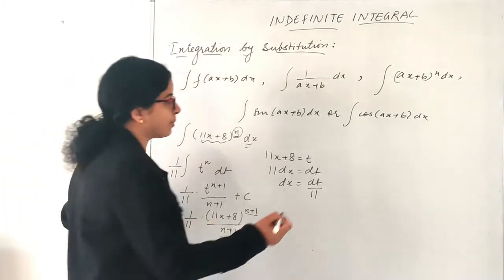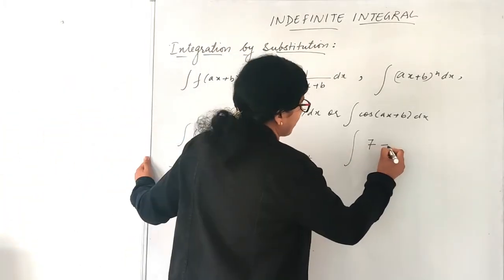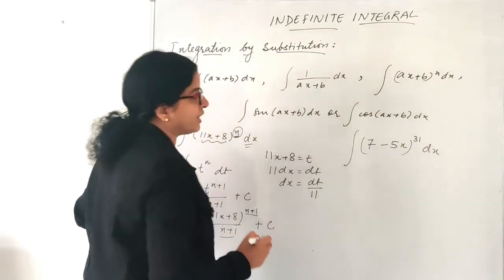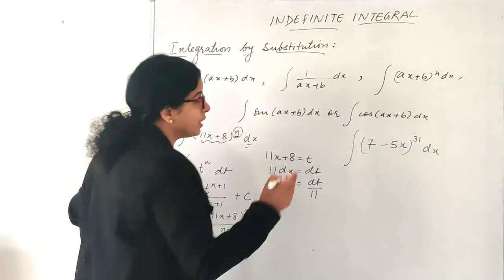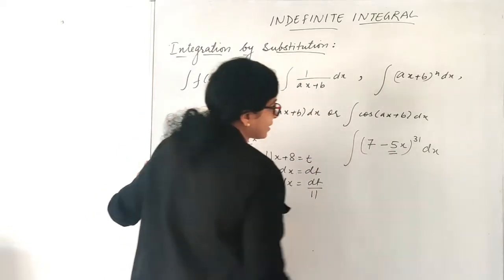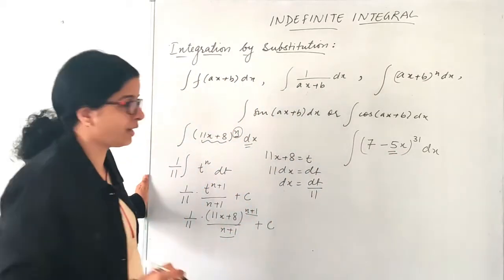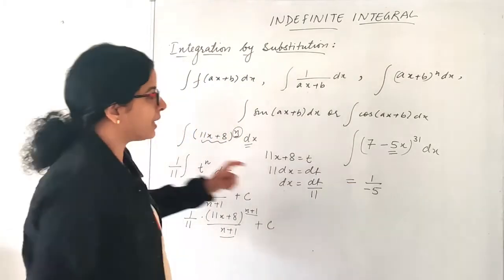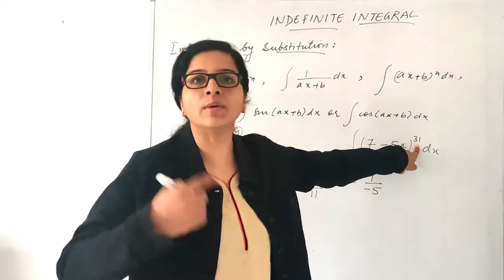So say for example, if you have the question (7 minus 5x) to the power 31, you have to integrate this part. So what will you do? First of all, what is the coefficient of x? Minus 5, right? So we'll write here, it will be equal to 1 upon minus 5, correct? Now we will increase one power.